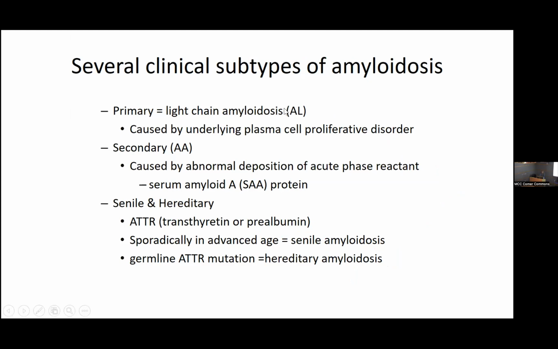So if you have chronic inflammation like Castleman's disease or any of those things, you can get this upregulation. And the only way to treat that is to treat the disease. And then senile and hereditary, it's the same protein. Okay, it's transthyretin. One is sporadically mutated in senile amyloidosis. Think of old men with heart disease. And then the other is a germline mutation in transthyretin. Neuropathy and heart disease present in younger individuals.